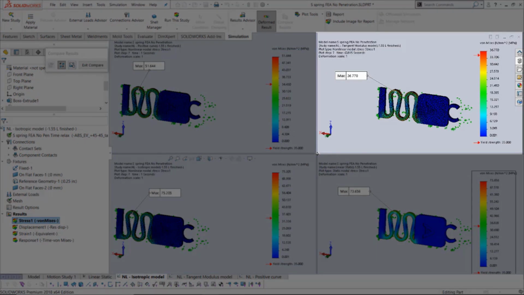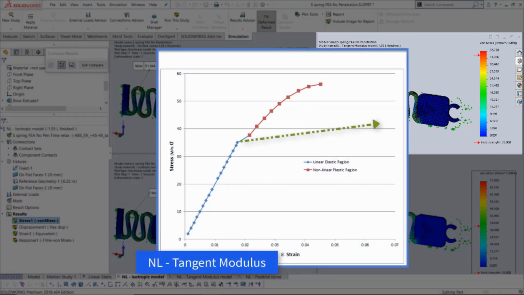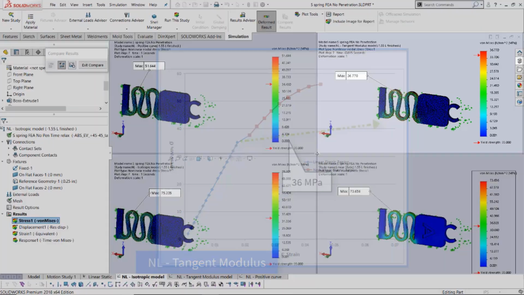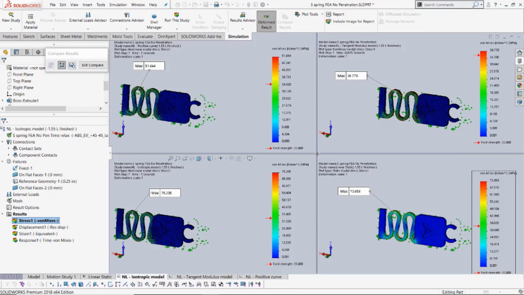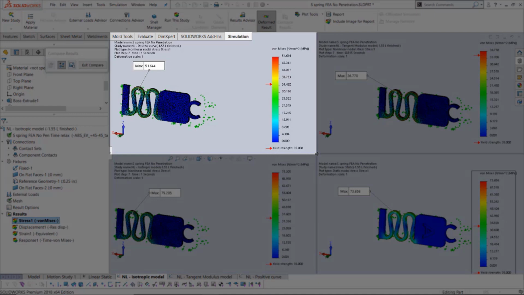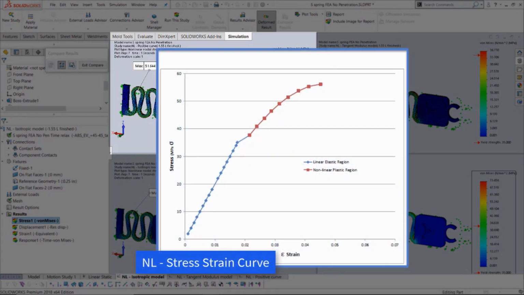If we look at the tangent modulus model, since the material properties are set to be approximated with a straight line driven by a slope of the tangent modulus, these results are going to be a lot more conservative than having an actual stress strain curve. And finally, with the nonlinear positive curve study, where we actually inputted a stress strain curve, we see that the stresses are 51 megapascals.